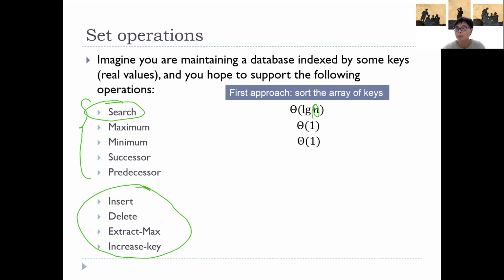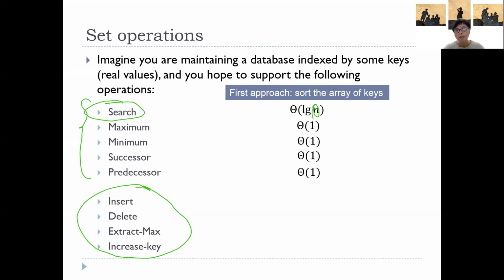Same for the minimum. If you already know which element you're looking for, finding the successor, the one whose order is just after that, is also just going to the next entry. So it's also constant, same as the predecessor, the number that's before it. All of this is quite efficient, which is great, once you perform the pre-processing to sort the array.